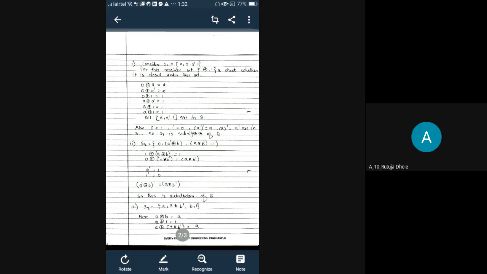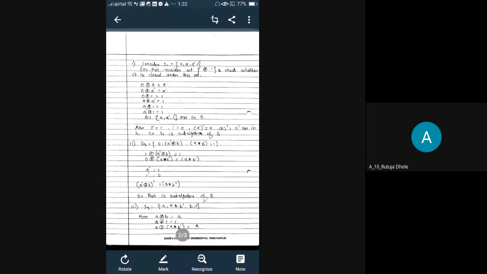We have to check whether this is a subalgebra of B. Again the same strategy applies. First we check it for XOR and complement. If S2 is closed under both the operations, XOR and complement, then we can say that S2 is a subalgebra. So first let us check for the XOR operation.